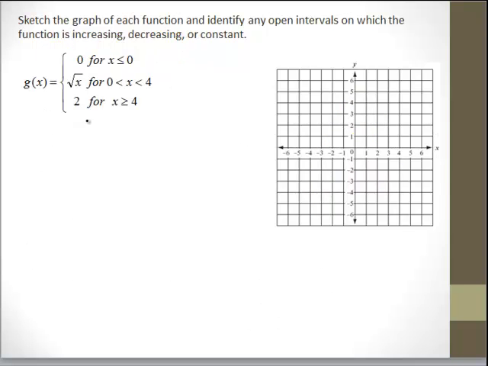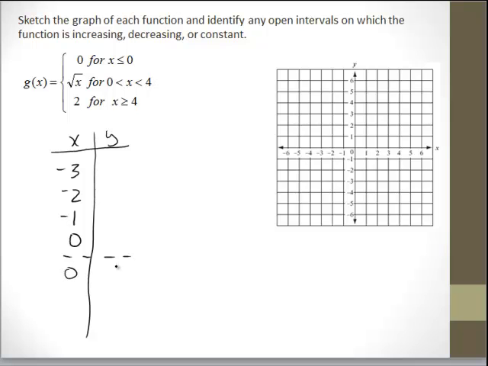So how about this one? We want to sketch this piecewise function. So we need to pick some values in each one of these intervals. So let's do less than or equal to 0. Let's just do, say, negative 3, negative 2, and negative 1 and 0. Okay, that's one section. In the next one we have 0 to 4, but not including either one.